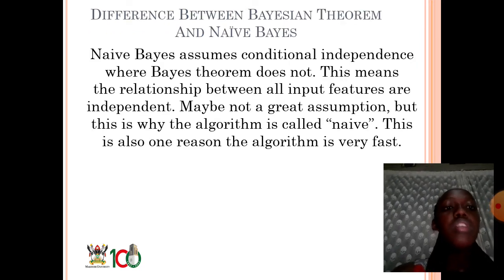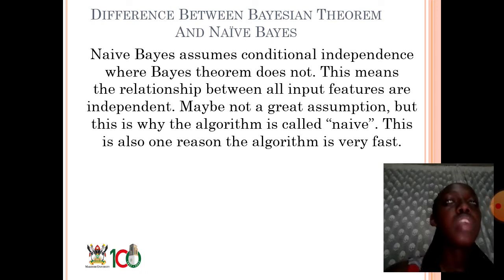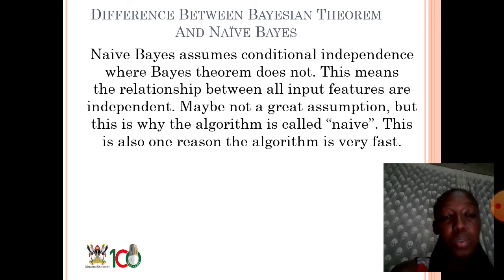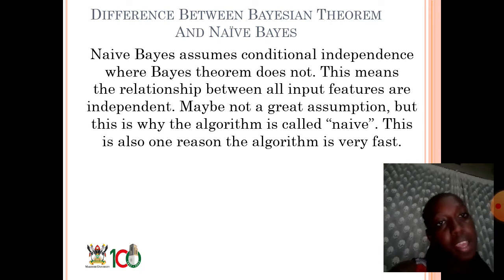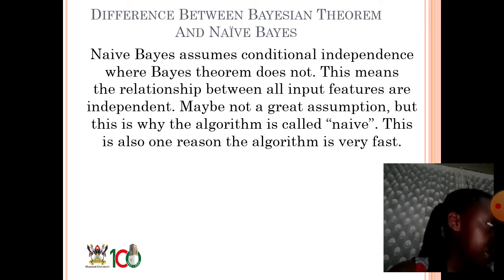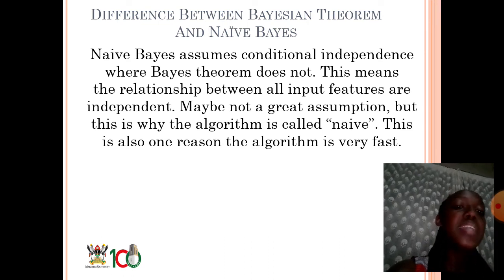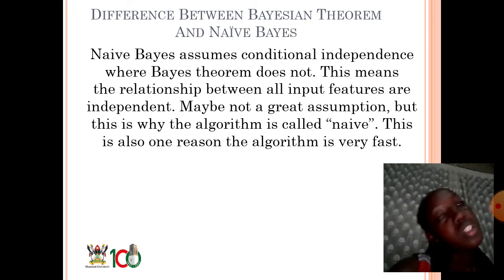The difference here may sound a little bit tricky, but what we should know is that naive Bayes, first of all, is just a classifier, and the Bayes theorem is a theorem.